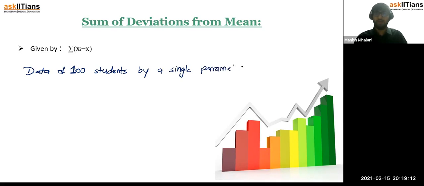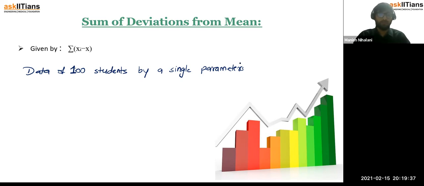You would calculate its mean, and say the average of 100 observations is this. That is the mean. But after finding the mean, you also need to analyze how far your observation is from the mean observation, from the average observation.